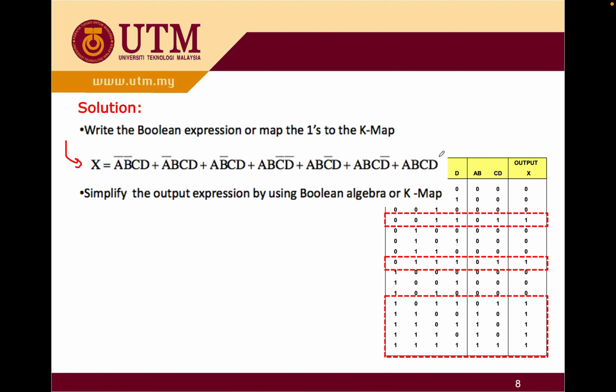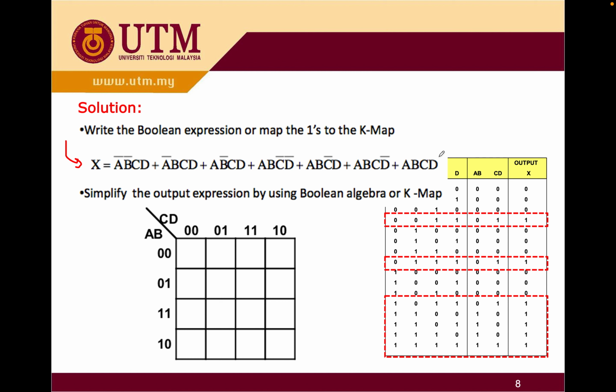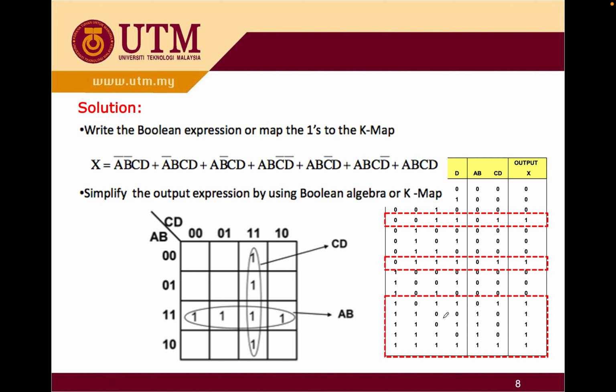After you have all these, you've been asked to do the K-map. So you can draw the K-map here and map the values of 1 here. You have 0 0 0 0 1 1, and then 0 1 1 1, and 1 0 1 1 1 0 1 1, and you continue to look and map the K-map.